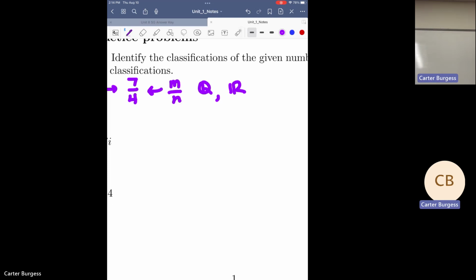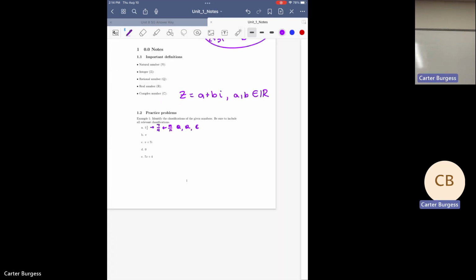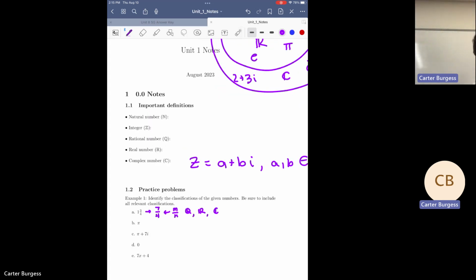Okay? And then, is this either a real number or a complex number? Absolutely. This is also part of C. In particular, if we're thinking about this A plus Bi form, B is 0 and A is 7/4.